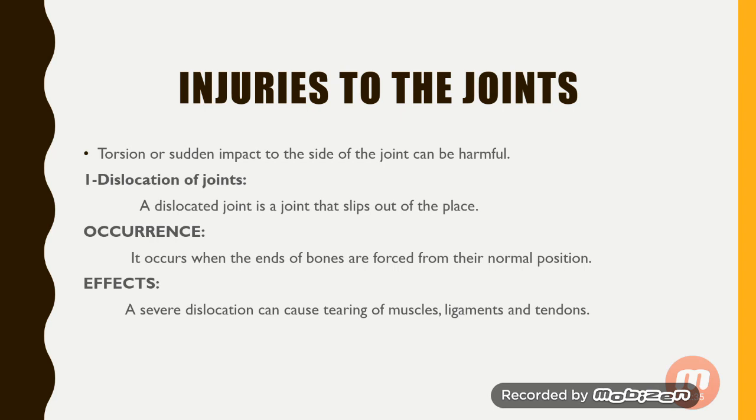It results in the dislocation of the joints, and this occurs when the ends of the bones are forced from their normal position. Effects: a severe dislocation can cause tearing of the muscles, ligaments, or tendons that were previously supporting the joint.